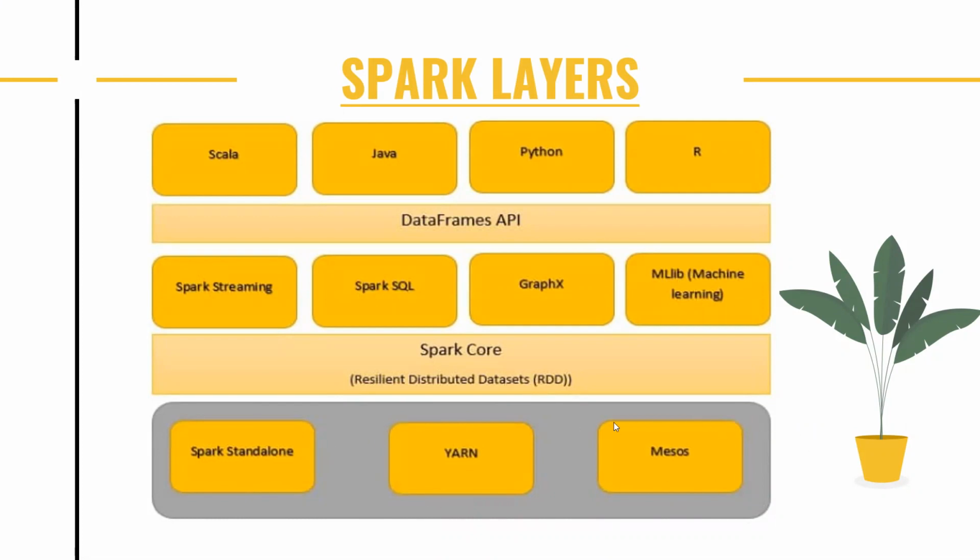But these are the most famous cluster managers. So what is cluster management? Cluster management is the process or daemon which is running on the master node, which is used to allocate the resources from the worker nodes or slave nodes.